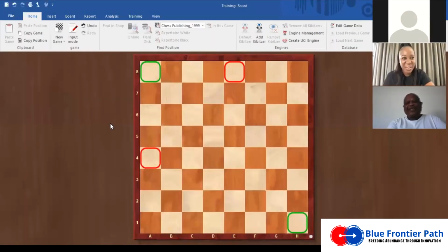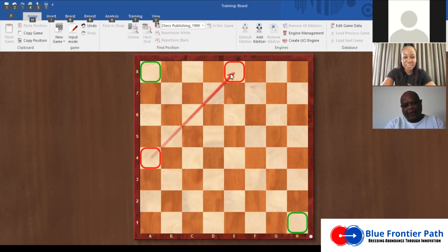Let us double check, so let's make 100% sure that they do indeed meet at C6. We've got 2 diagonals, A4 to E8, and the next one, let's make it a different color, is H1 all the way to A8. So they do meet, and these diagonals meet at C6.